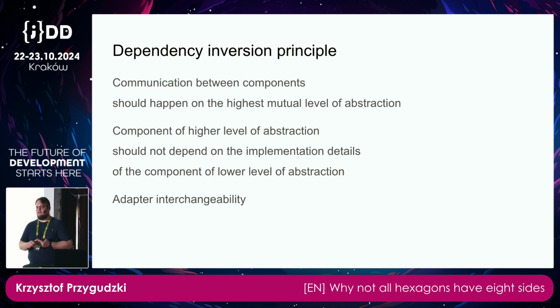This can be useful with very simple cases where you just want to swap your adapter for tests, right? So you want to have a test double, like a fake, or maybe you just want to mock some stuff. So this boundary of the hexagon is a great boundary to have for your unit tests, right?